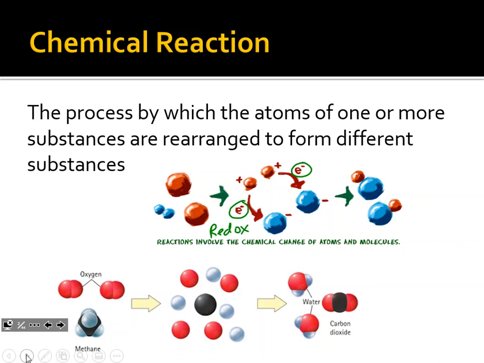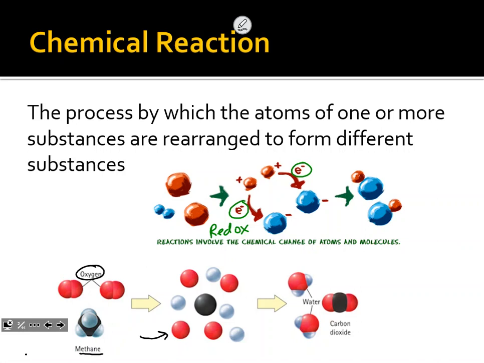But also down here, I like these examples showing the atomic structure, the particular model down to the atom level, where you see oxygen here, you see methane down here, and they're going to combine. But before they can combine into new substances, they have to break apart.